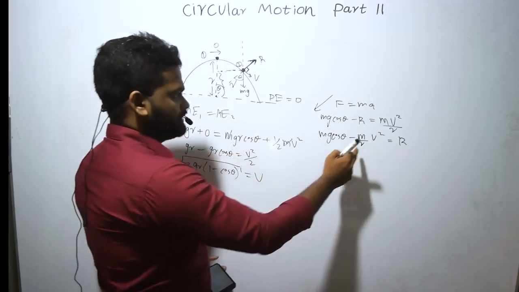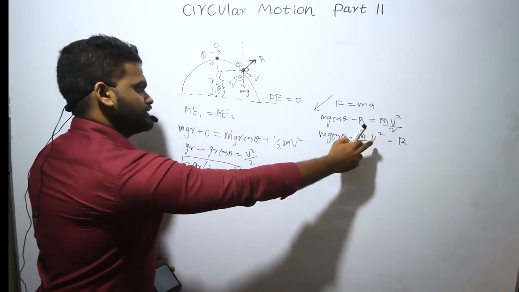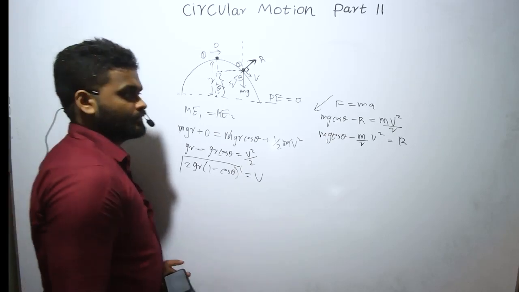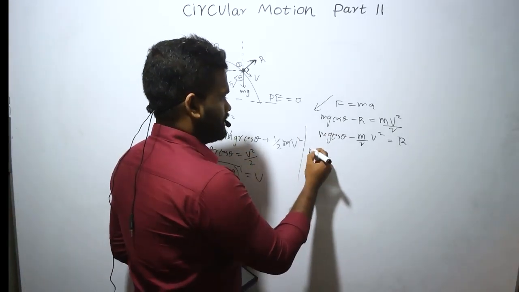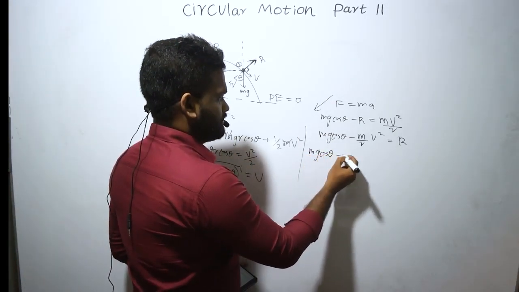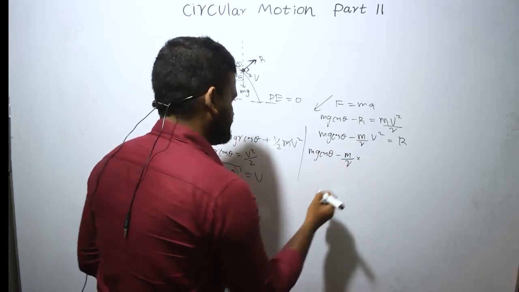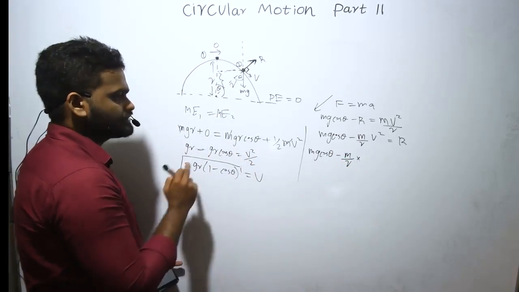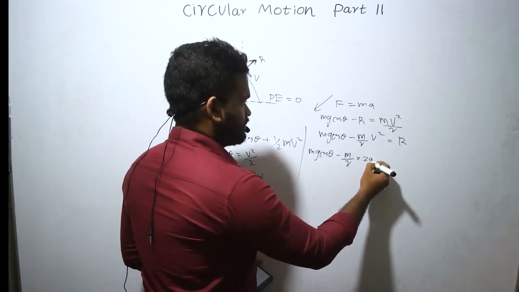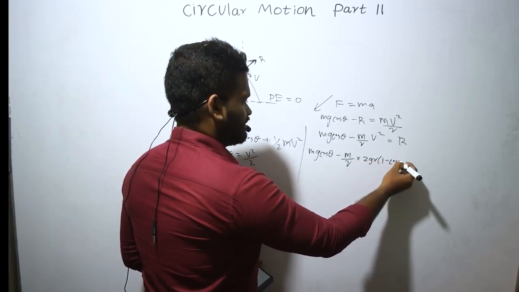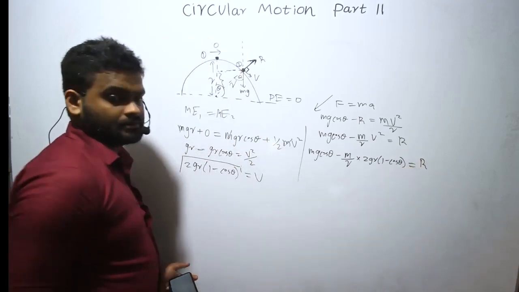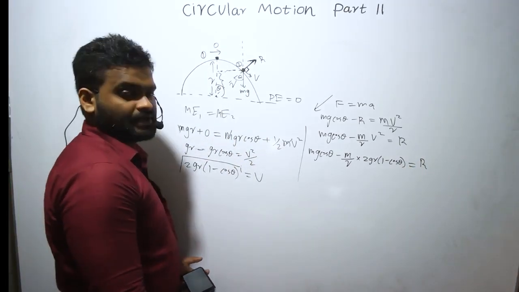Then you just have to substitute v from here. So you have mg cos theta minus m divided by r. What is v squared? V squared is 2gr times (1 minus cos theta). So this is equal to the normal reaction, capital R. Then it is just a simplification.